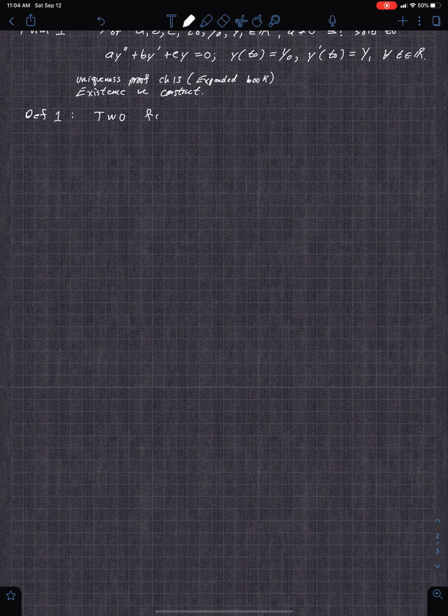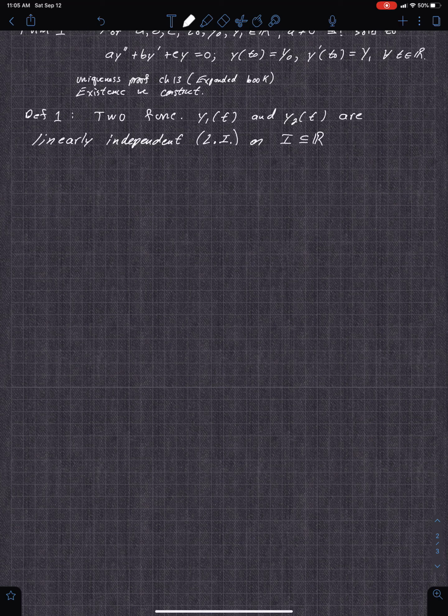This states two functions, y1 of t and y2 of t, are what we call linearly independent, or we'll just abbreviate LI, on an interval, I, a subset of the reals, if and only if neither of them are constant multiples of the other on all of I.